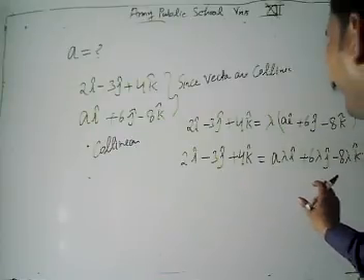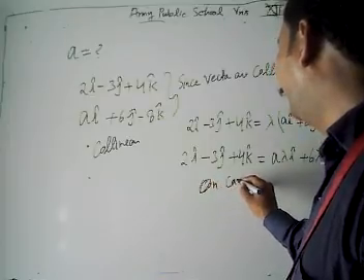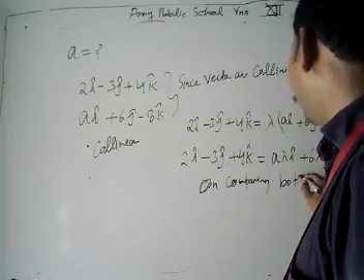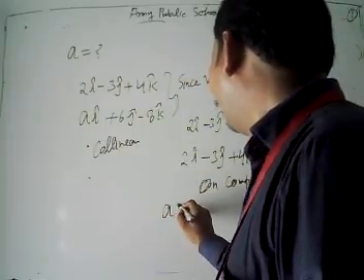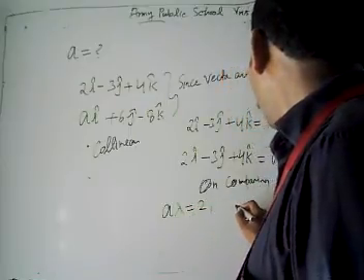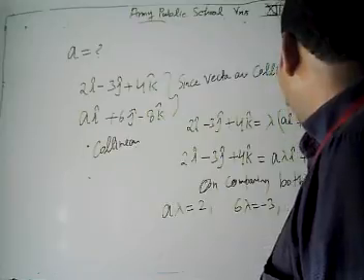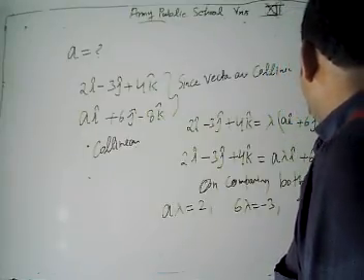Now we are going to compare both sides. We have a lambda is equal to 2, 6 lambda is equal to minus 3, and minus 8 lambda is equal to 4.